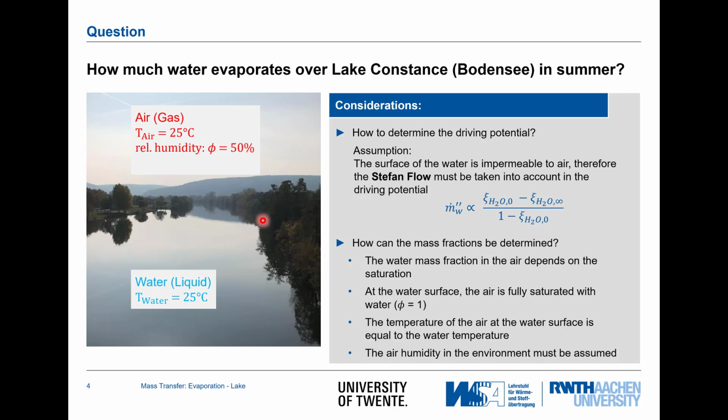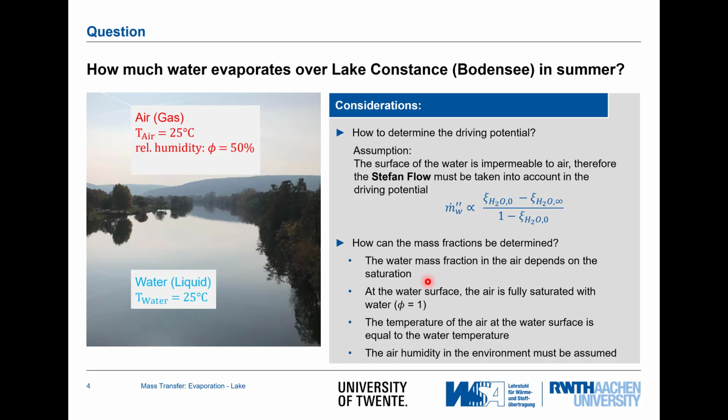So the water surface is only permeable for water, so it's a semi-permeable surface, and this leads then to this expression for the area-specific mass flow rate of water or water vapor. Now we need to understand the mass fractions, so I have values for those in order to do the calculation for the mass flow rate. So how can we determine this?